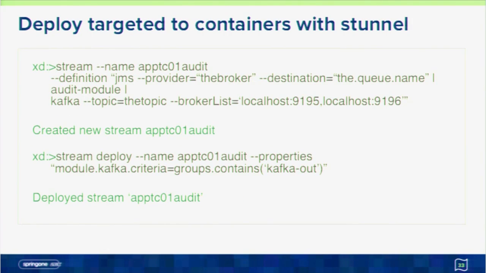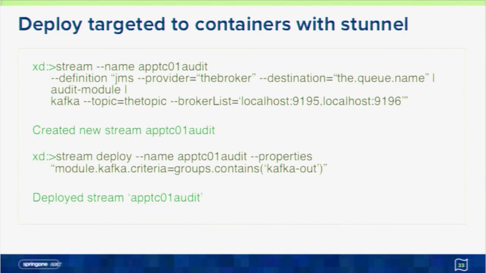Great. So what's the next step? Now when we build a stream and deploy it, we can tell that stream where we want it deployed. By the way, this is what you would do in the DSL for the Spring shell. Here we're creating a stream. The name is APPTC01 audit. The definition is JMS in this example, but it could be Rabbit or whatever. So it's a JMS source on a particular queue name going through a custom module, and then it's going to Kafka, to a particular named topic, and to a set of brokers.